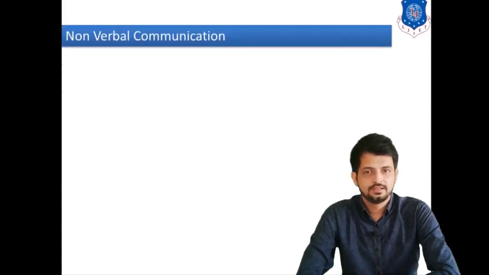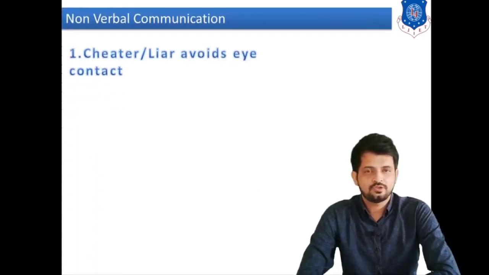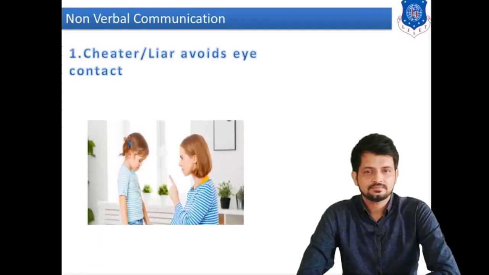The first question on your screen is: cheater, liar avoids eye contact. You have to just write the answer in true or false.